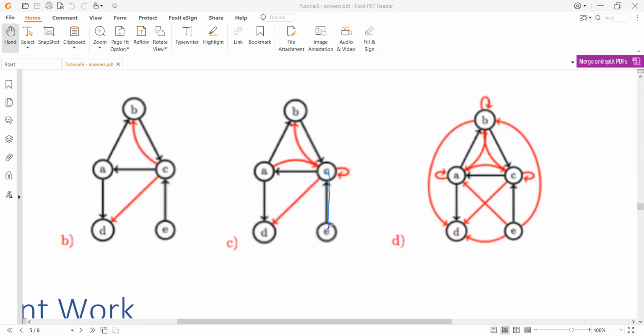E to A to B. Sorry, to D. You can write it also. So I'm gonna have all the possibilities, like for example here, E to B. So you draw it also. Like for example here, B to A.